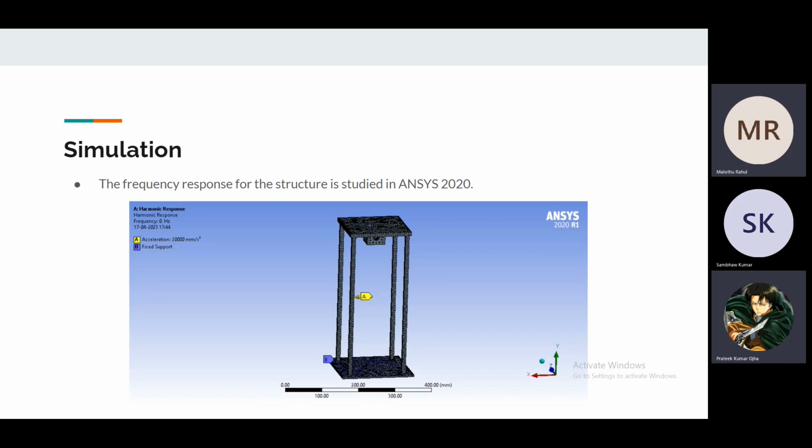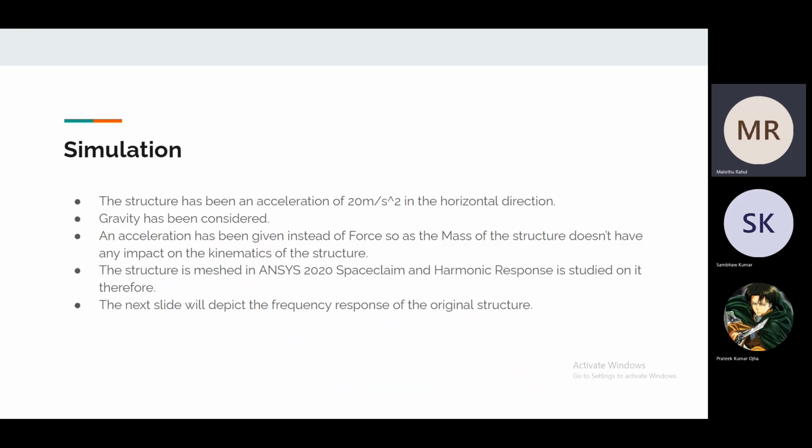And the frequency response simulation of the structure is studied in ANSYS 2020 software. Next slide. So initially, the structure, which is without the tuned mass damper, has been given an acceleration of 20 meters per second squared. So why have we given an acceleration, not a force?